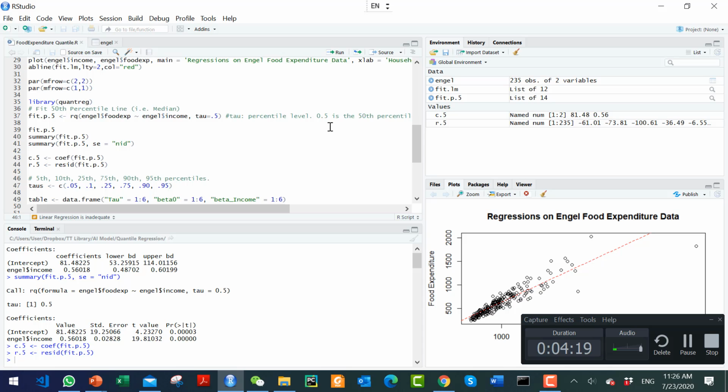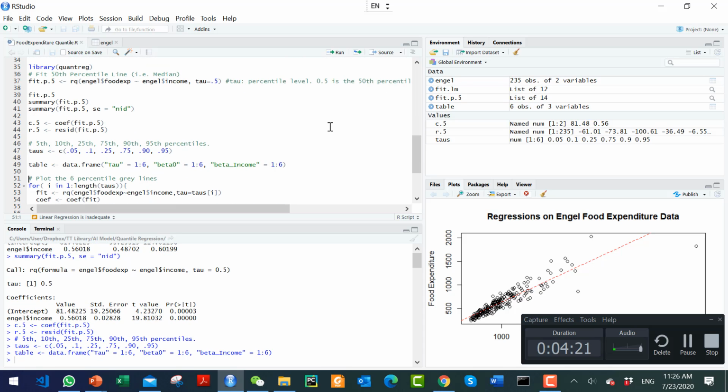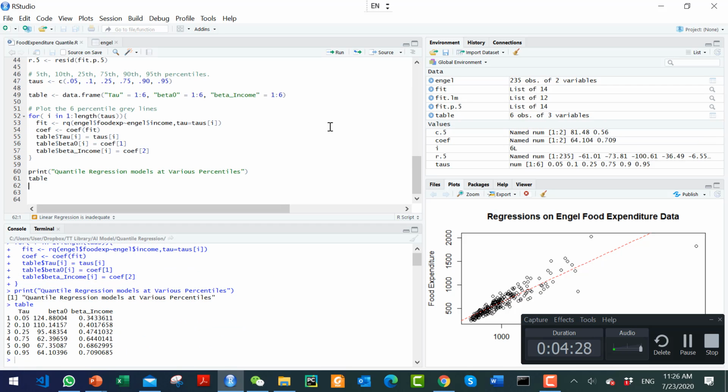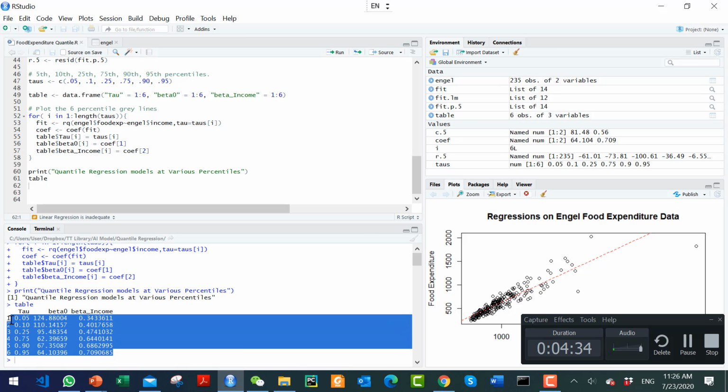If you look at the table, eventually we have six lines here. This is the R part of quantile regression.